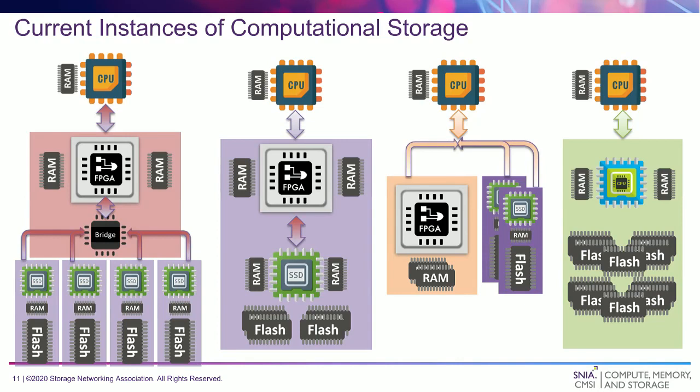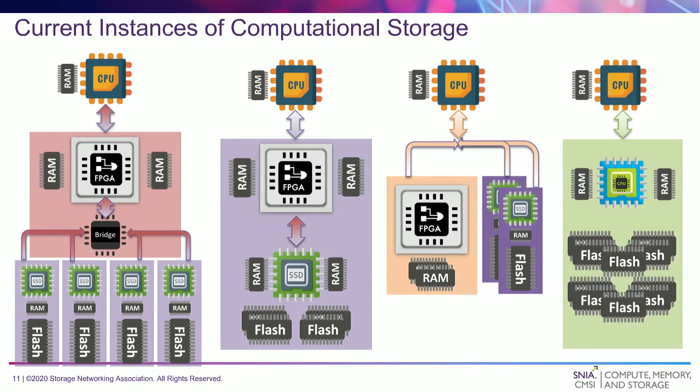The actual unit has no storage, unlike the first 2 examples. And last but not least, we have the SoC, the system on chip approach, in which we have an SoC that is, from one plane, managing the flash in an SSD, just like any other SSD in these examples or elsewhere. But there's a second plane inside that SSD with the compute core that is dedicated to computational storage.